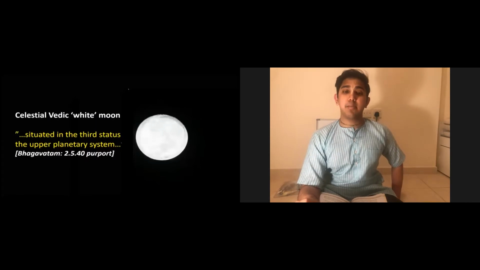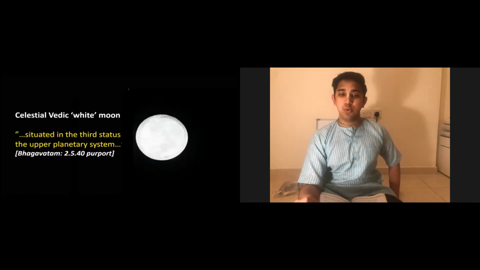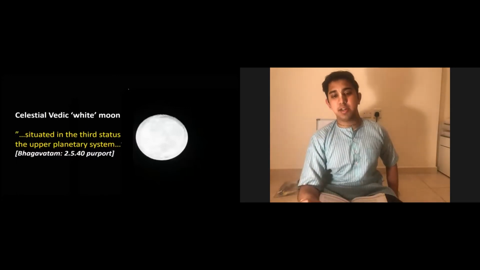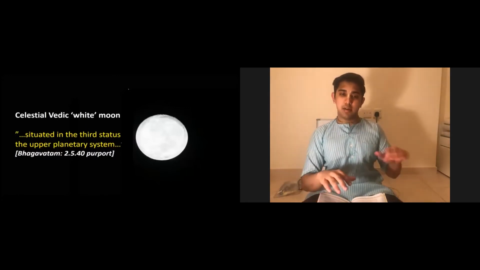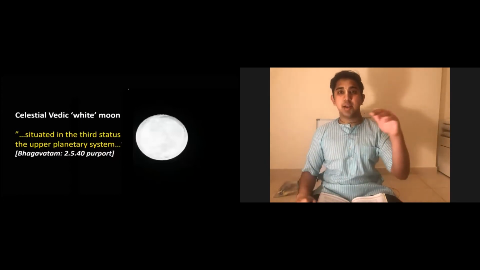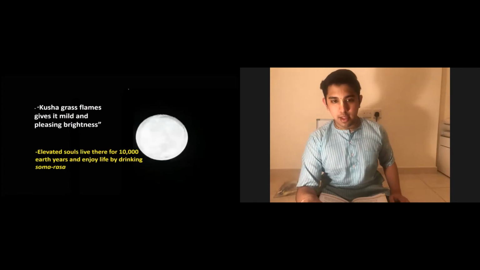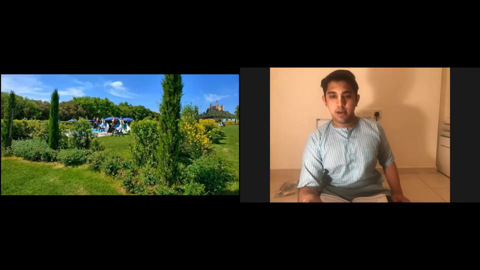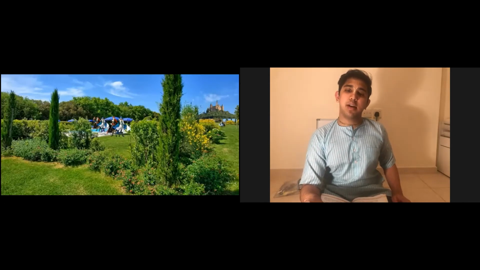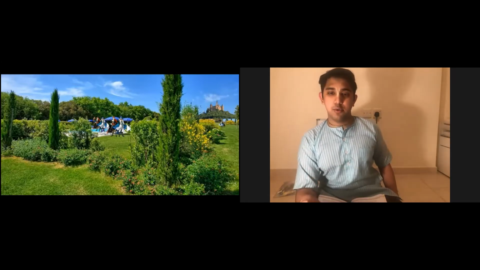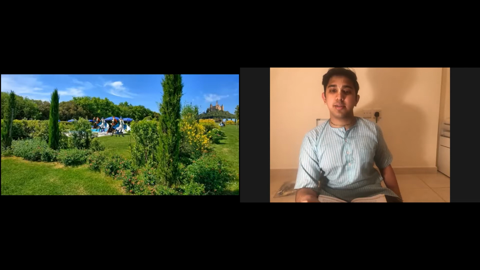And as described earlier, the Vedic moon is situated in the third status of the upper planetary system, the first being the heavenly realms within the earth, then the sun, and finally the moon. So we all know this. So naturally, as per the Bhagavatam, it should be a place of vegetation, a place of life, occupied with citizens drinking somaras.